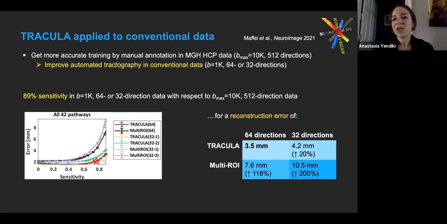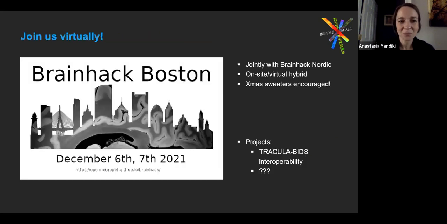So with our approach, we are able to use these high quality data that can only be acquired in a connectome scanner, of which there's only a handful in the world, and use it to improve automated reconstruction of the tracts in regular quality data that are feasible for clinical studies.